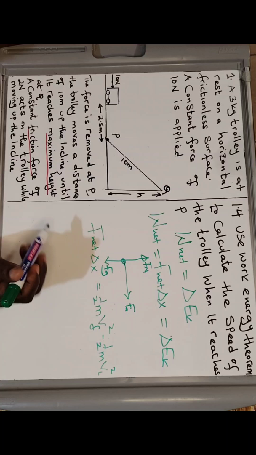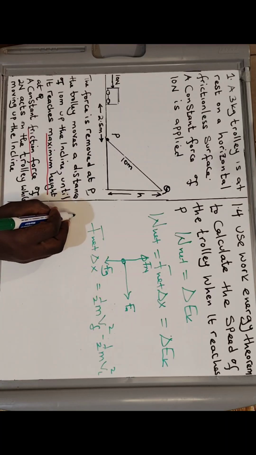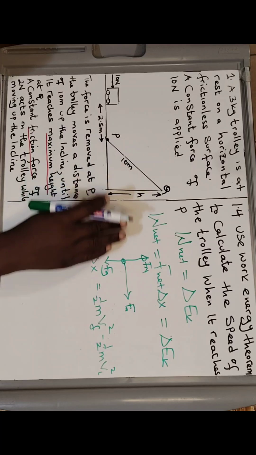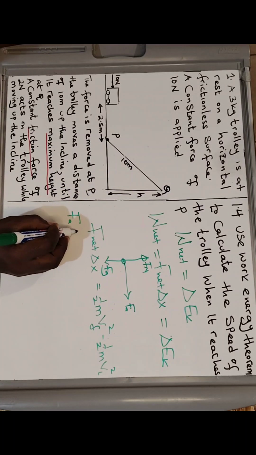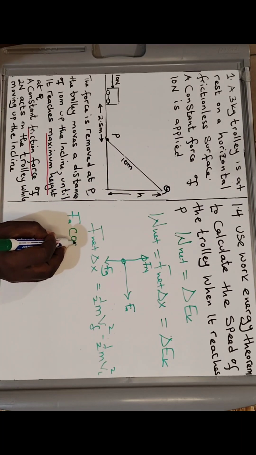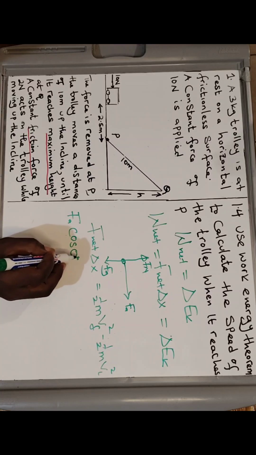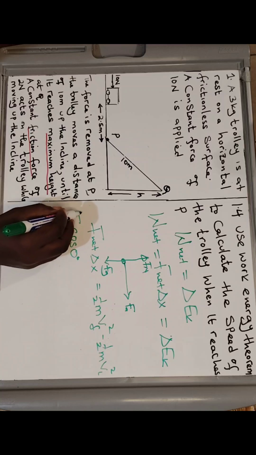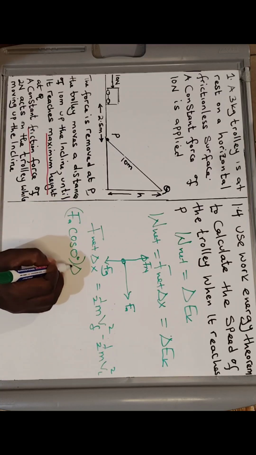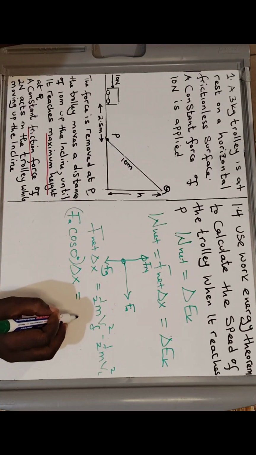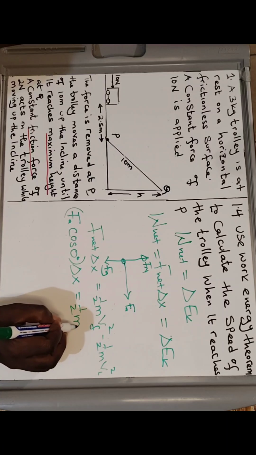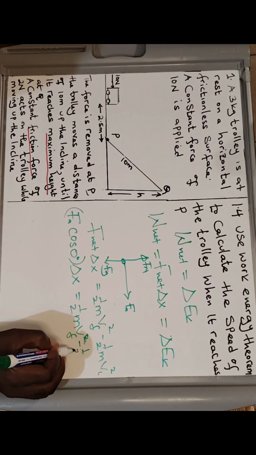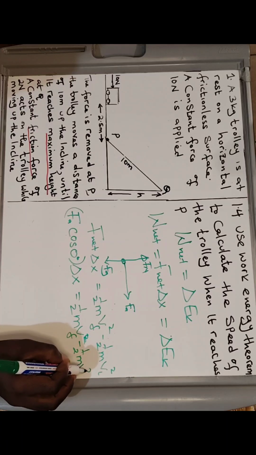In this case, our F net is going to be FA, and because it's in the direction of displacement, it's going to be FA cos 0 degrees. So that's going to be our F net. Then times delta x, then we'll have half m vf squared minus half m vi squared.